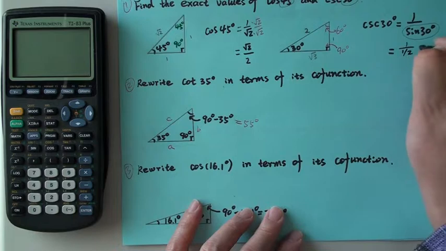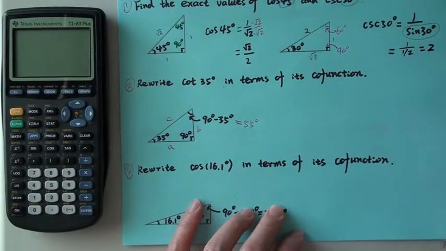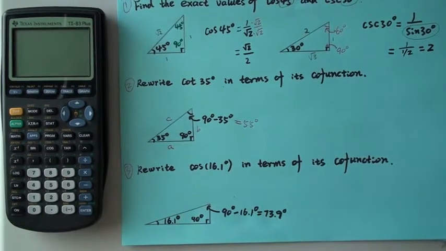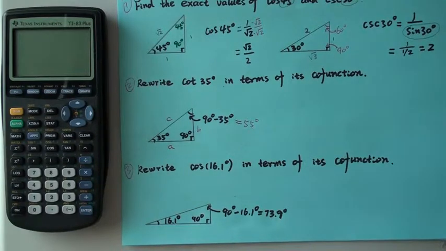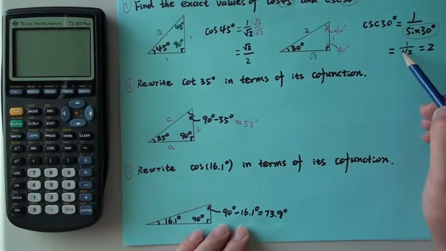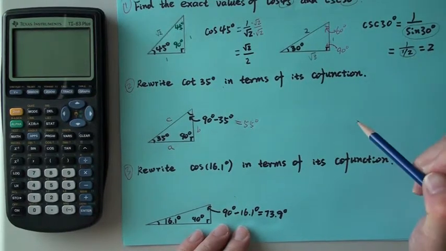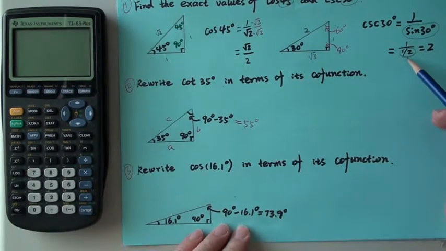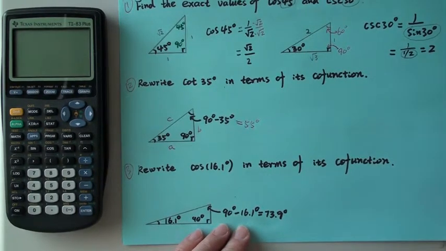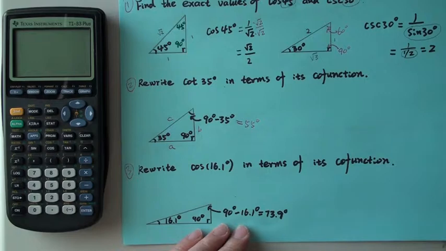That's what? That's 2. There are a few ways to think about this. 1/2 is what? 0.5. 1 divided by 0.5 is what? Is 2, because there are 2.5 in 1.